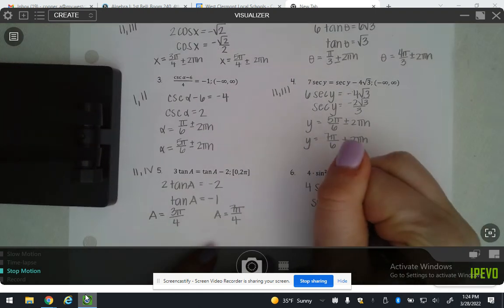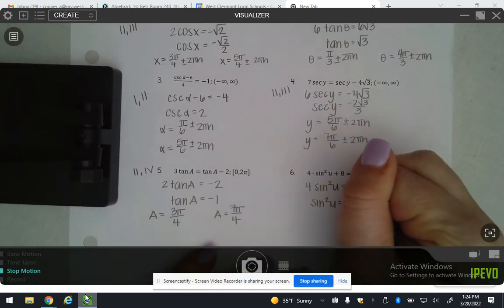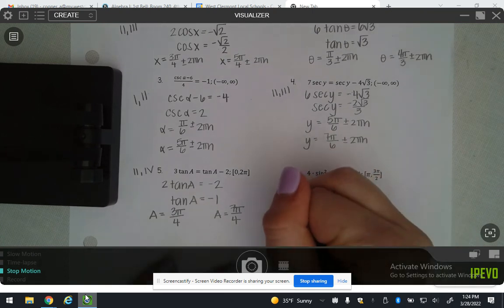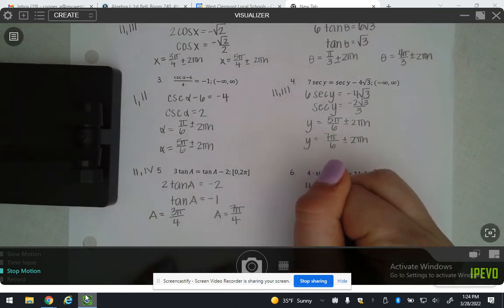Sine squared of u equals 3/4. Everything that we've done up to this point helps you do this. What do you have to do now? You have to take the square root of both sides, right? So when I take the square root of this side, it's just the sine of u equals what?